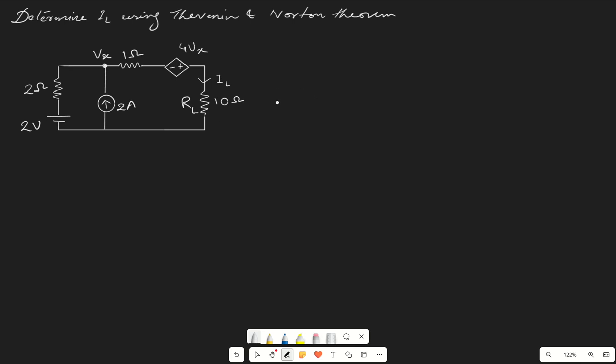So as per Norton and Thevenin theorem, what we know is any complex linear bilateral network can be converted into a simpler network containing a voltage source and a series resistance in case of Thevenin circuit, and in case of Norton circuit it is represented by a current source and a parallel resistance.